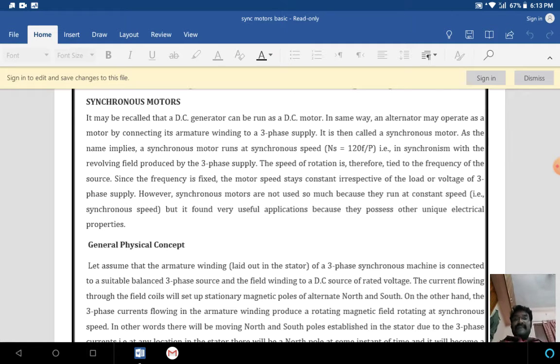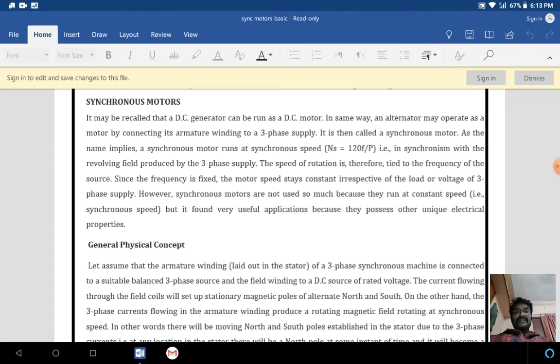As the name implies, a synchronous motor runs at synchronous speed. What is synchronous speed? Ns = 120f/P, in synchronism with the revolving field produced by the three-phase supply. The speed of the stator and the speed of the rotor are equal.